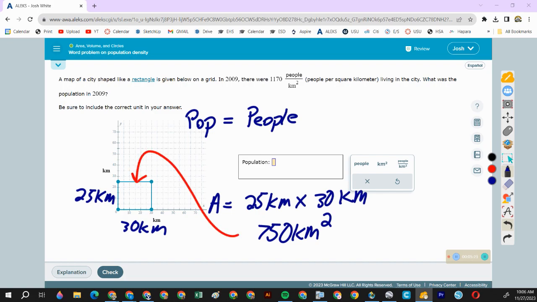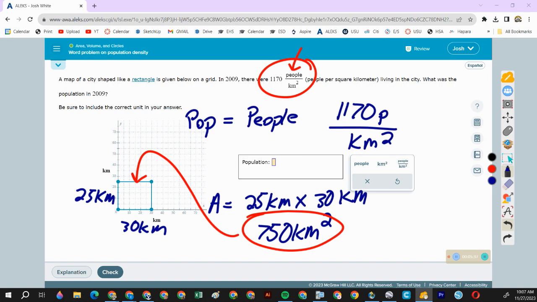I want my answer to be in people. So I'm going to use this term and keep people on top. So 1170 people for every kilometer squared. I need to use this number, and I need to get rid of kilometers squared. So I'll put it on top. 750 kilometers squared. Area cancels area.